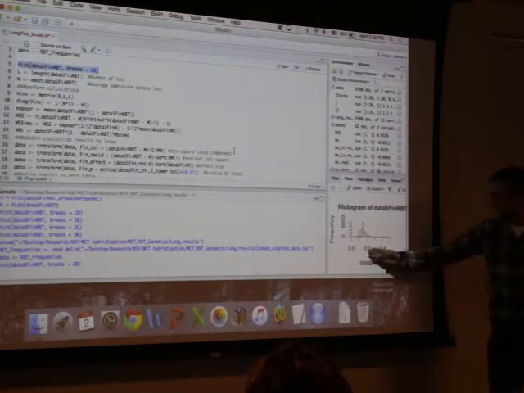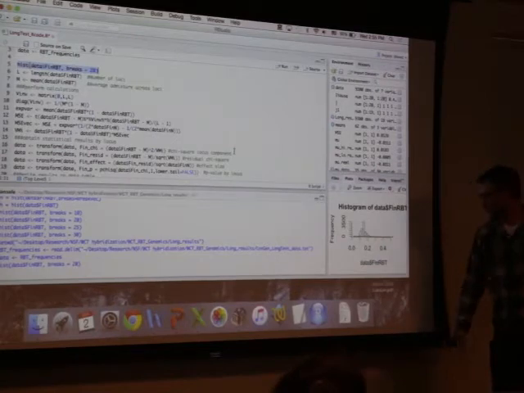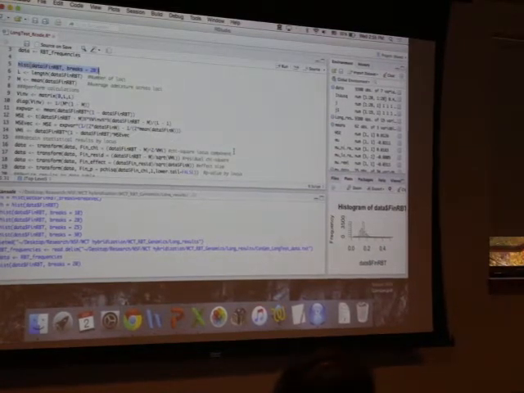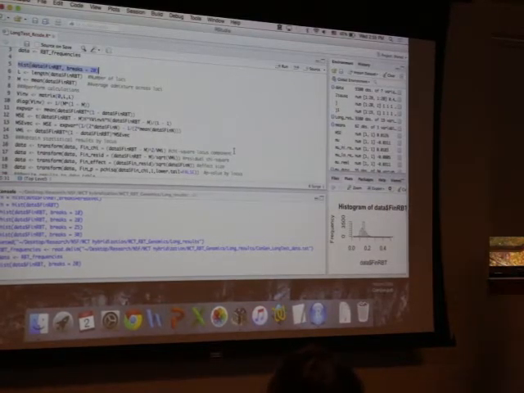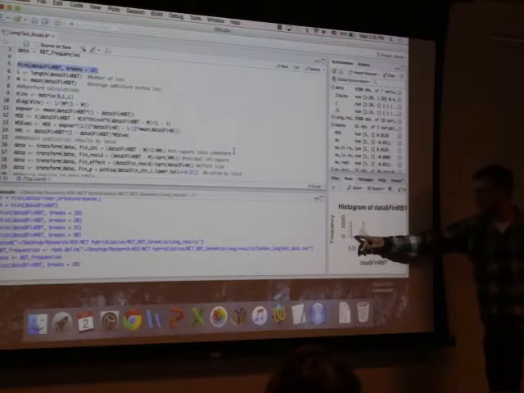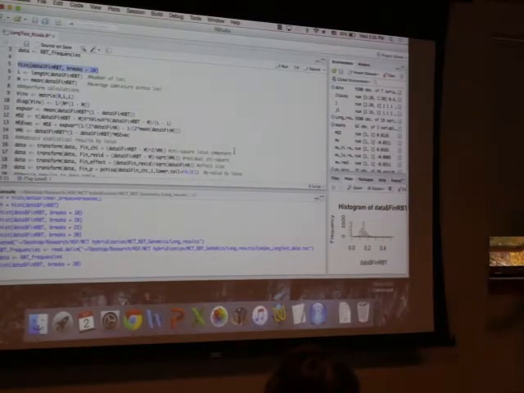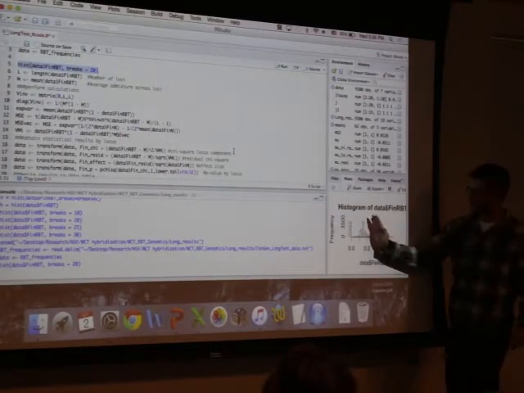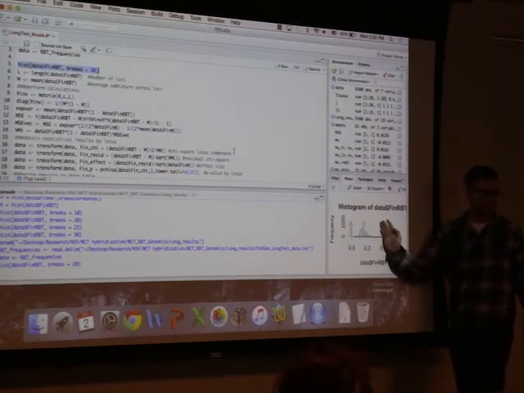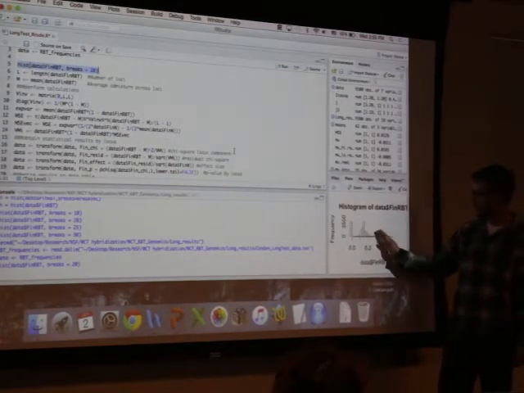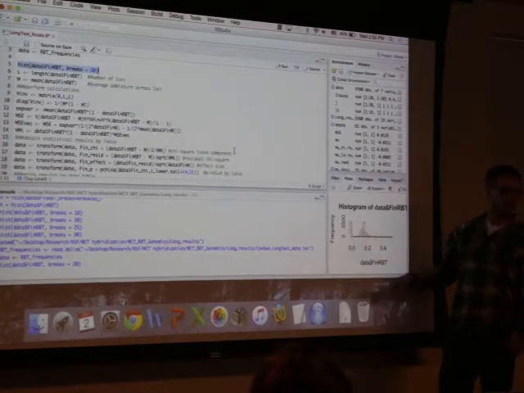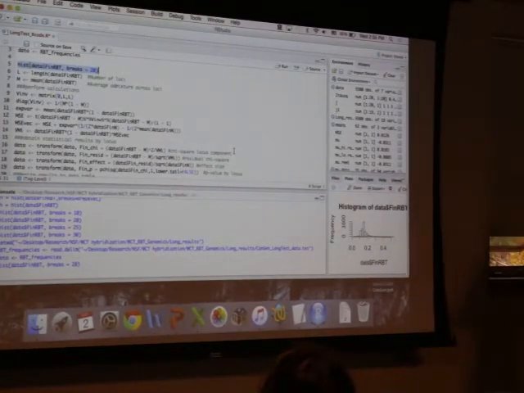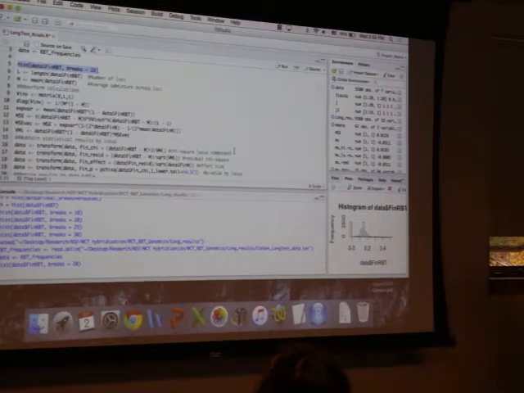It's centered somewhere around maybe 0.12, so the proportion of rainbow trout ancestry in this population is somewhere around 0.12 or 12%. But there's a fair bit of variation, and what we're interested in is whether the allele frequency estimates at the loci where the allele frequencies are quite low or quite high show evidence that some of that could be due to natural selection.